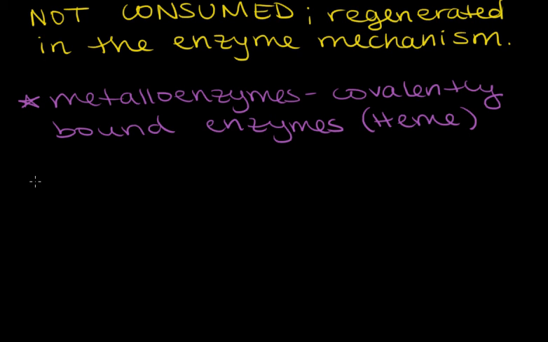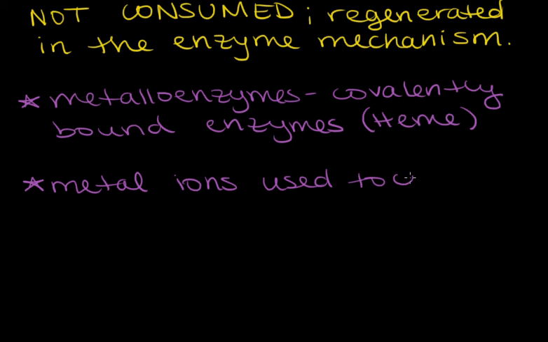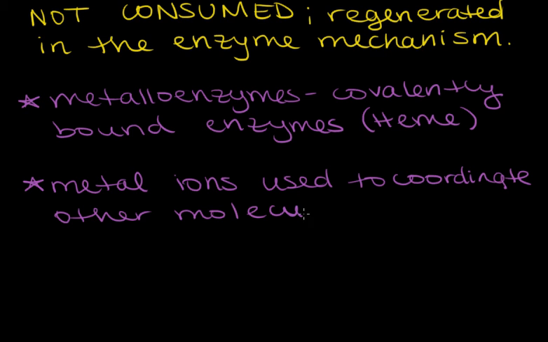However, metals are important to many other enzymes that are not covalently bound, like metal ions. They can form covalent bonds, or they can also be used to coordinate other molecules. And this makes a lot of sense, right? Because metals have really, really strong charges.